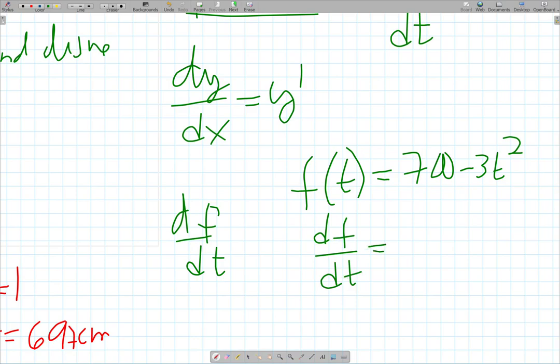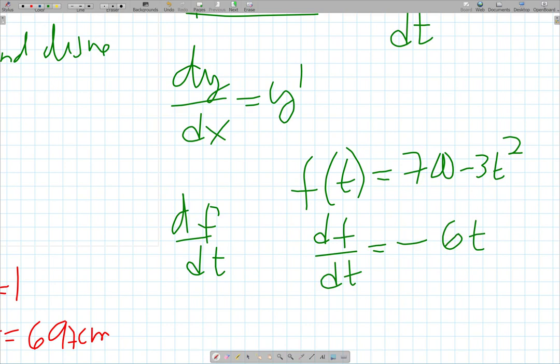The derivative of 700, a constant, is 0, and then minus the derivative of 3t squared. 2 times 3 is 6, and then t to the 2 minus 1 is t.